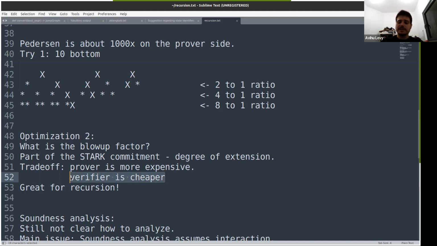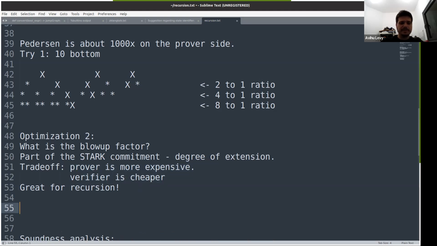No one will actually verify them except the recursive prover. So basically, we save a lot of prover work on all the jobs except the last one that does the last recursion step.